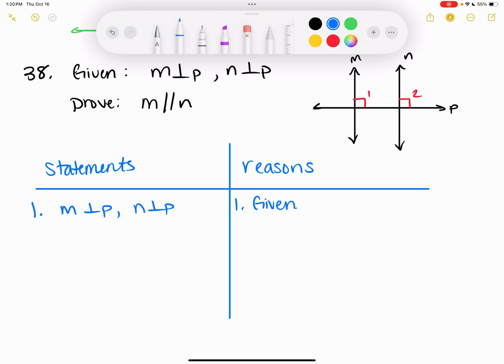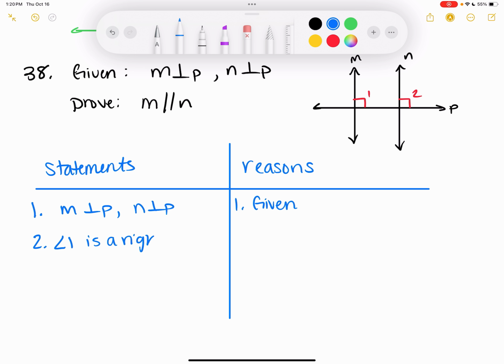All right, so the next thing, the wording of it would probably be a little bit different if they didn't give us tags of what we're using. But they basically are talking about how each of these angles are right angles. Okay, so statement 2, again, I could do this as 1 or as 2 separate things. Angle 1 is a right angle.